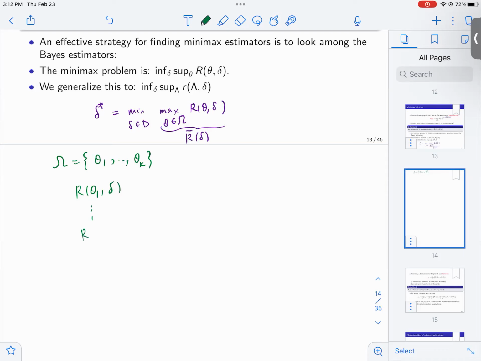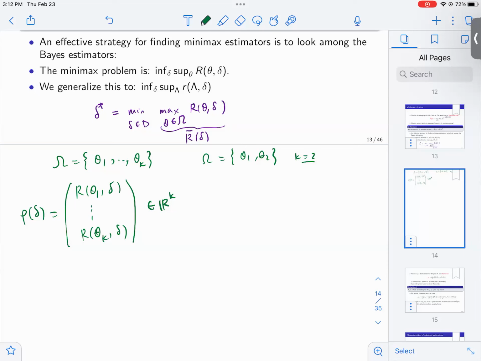These are functions of theta, but there are only k values, so you can represent it like this. Later, I'm going to write it as rho of delta. You can think of it as the risk vector. It's a k-dimensional vector. If you have two parameters, for example, it's just a two-dimensional vector. So it's easiest to think about k equal to 2 throughout.